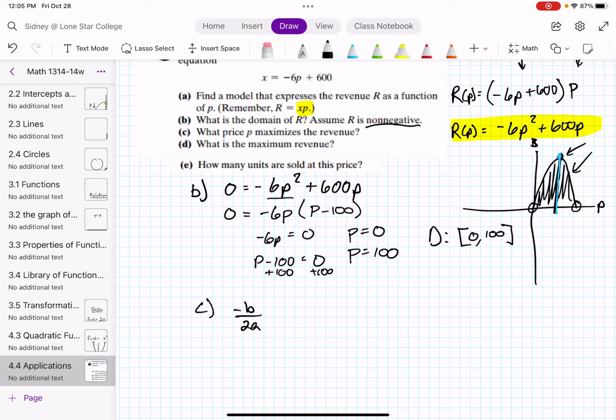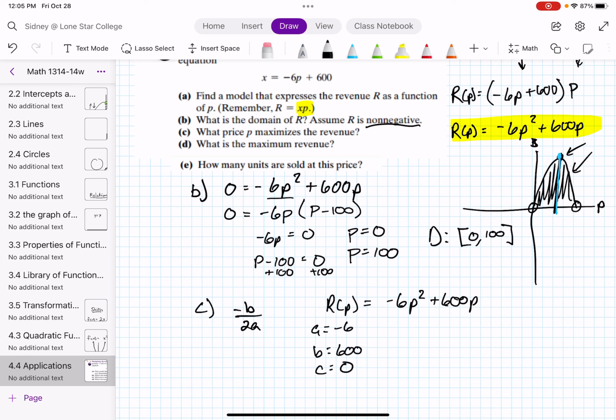If I look at my equation, just to rewrite it, revenue as a function of price, R of P equals negative 6P squared plus 600P. If I identify my A, B, and C here, well, there is no C. That just means C is 0. But A would be negative 6, and B would be 600.